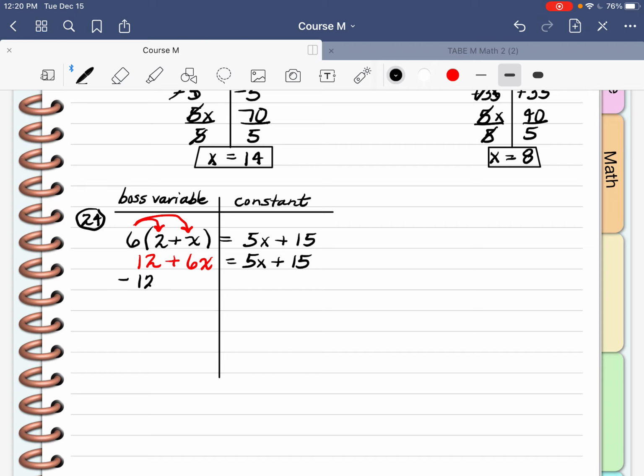Move the 12. So you're left with a positive 6x, a 5x, and a negative, I'm sorry, that's a 15, not a 5, a positive 3.